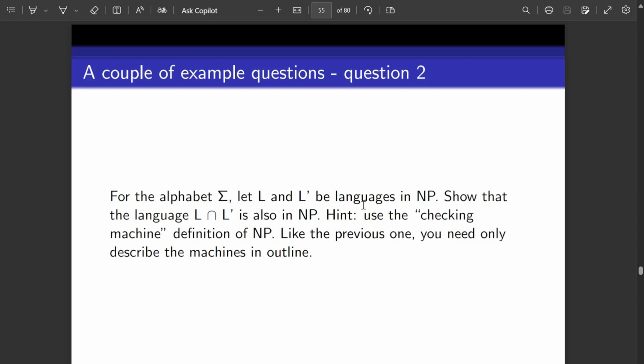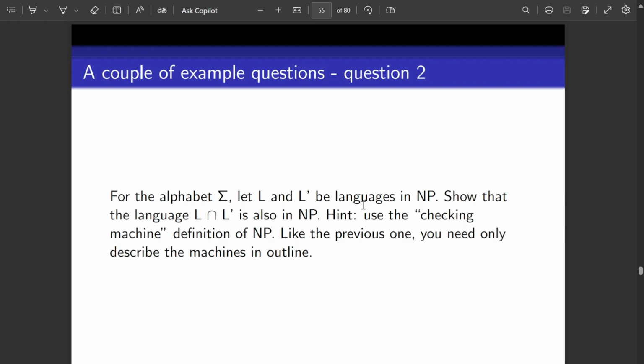All right, here's another question. Just so you know, it warned you on the exercise sheet that this was harder. For a given alphabet sigma, let L and L prime be languages in NP. Show that the intersection between these two languages is also in NP.